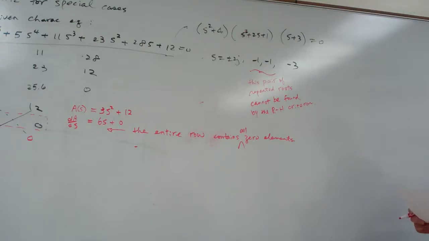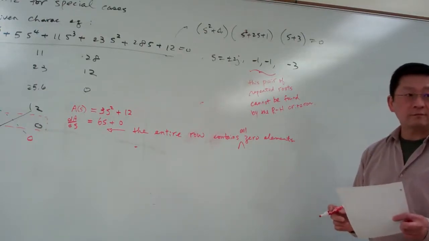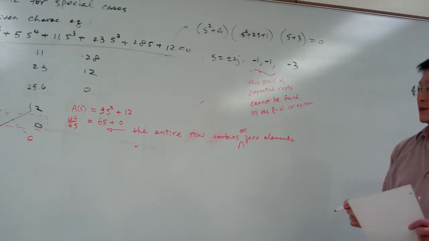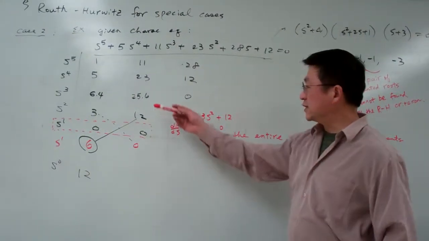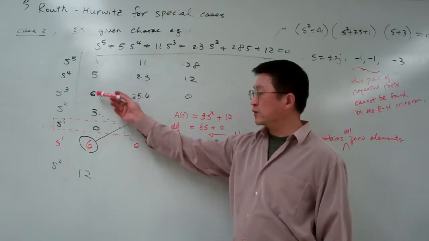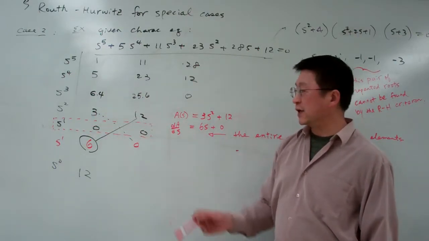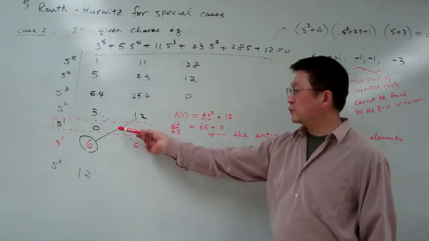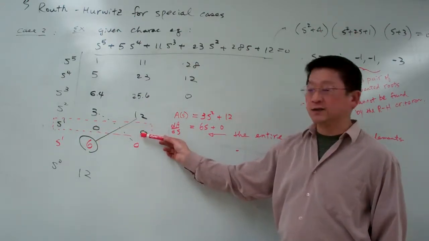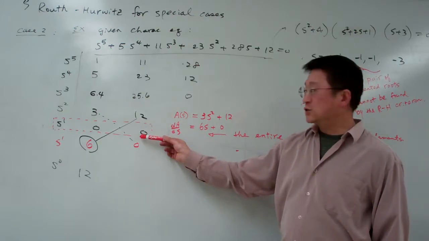Question: can you go over again how you found the auxiliary equation? Yes. We proceed with the calculation in building up the Routh Hurwitz table, and for the first time we are hit with an entire row containing zero elements.